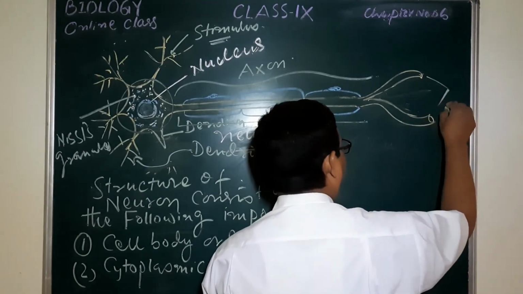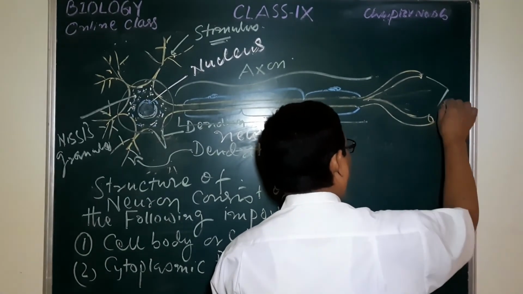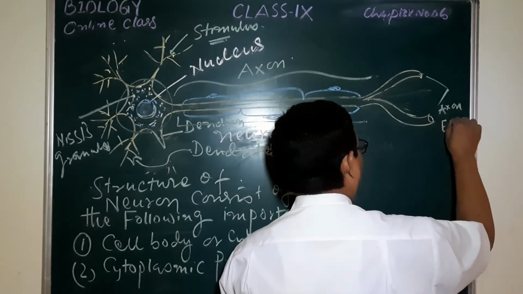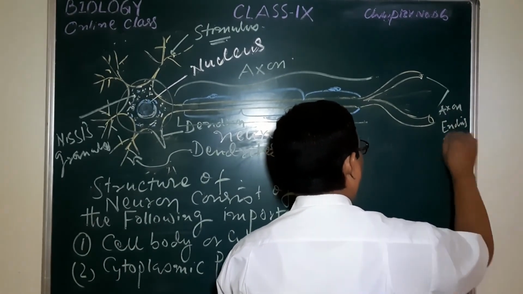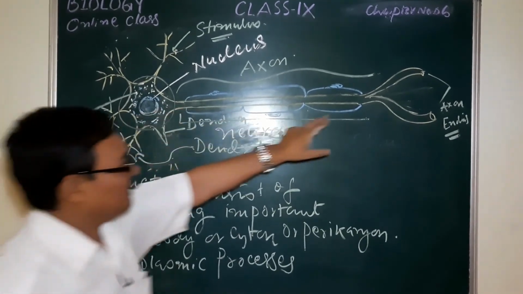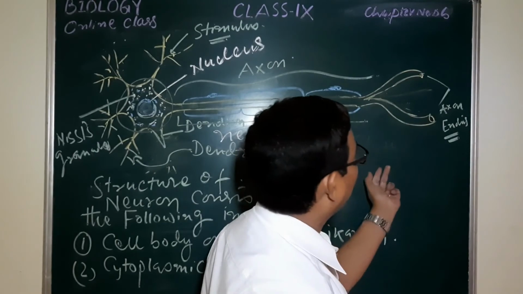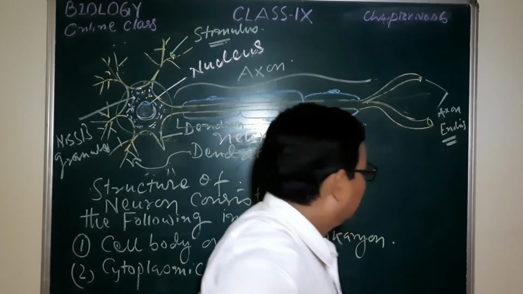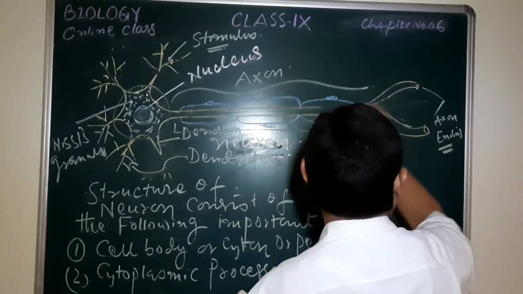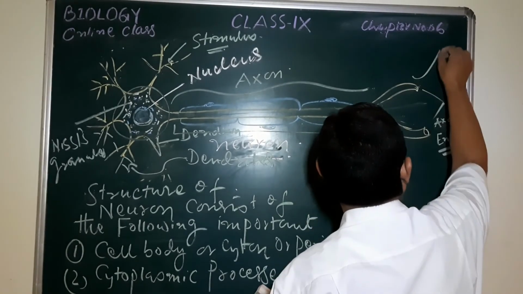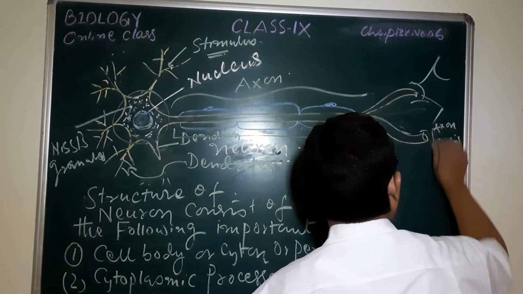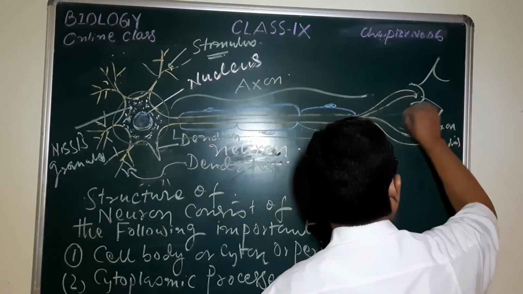Ending part, the nerve end is the axon ending part, and you may call it the neuron ending. So this side it comes, and the last part of this neuron may be connected with another neuron, and that will communicate like that.